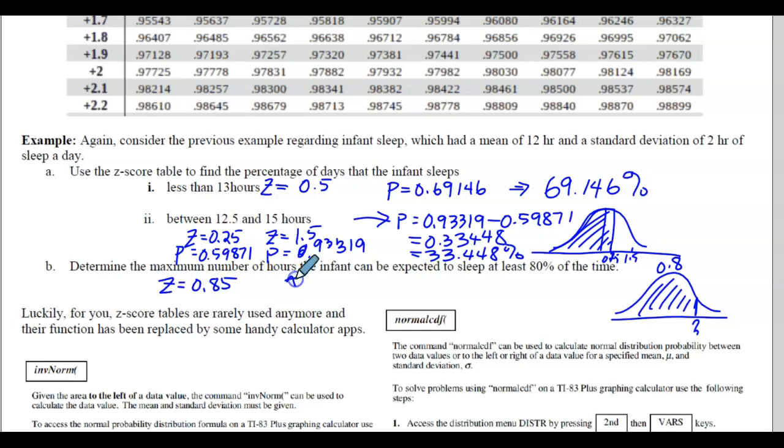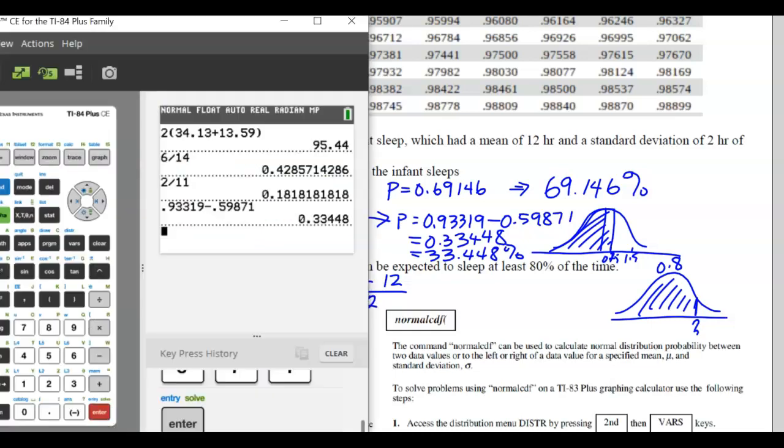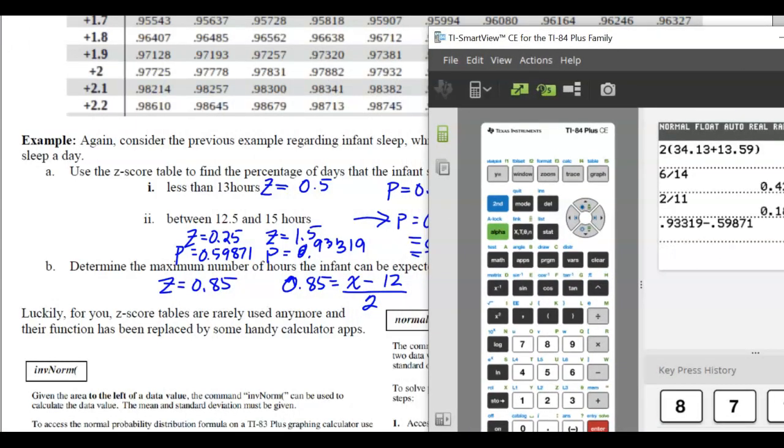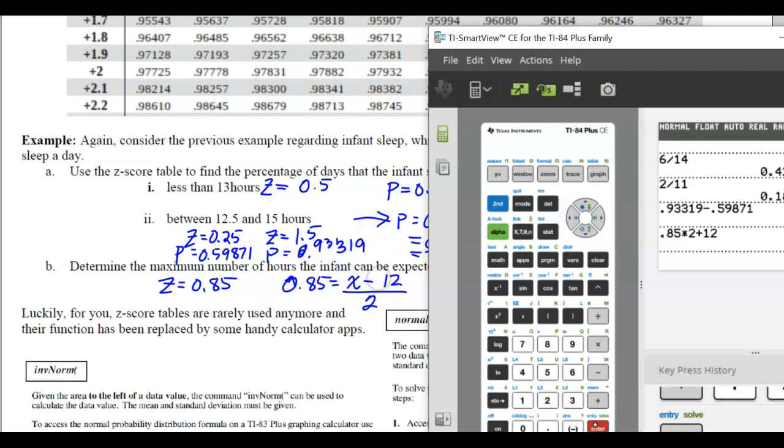So our z-score equals our data value minus the mean divided by the standard deviation. Multiply 0.85 times 2, and then add 12 is 13.7.